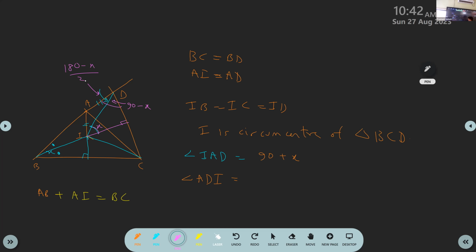So if I subtract that, what am I getting? 45, x by 2, right? IB is equal to ID, fine, so angle ADI will be x by 2. Sorry, that was the easier way to do it.